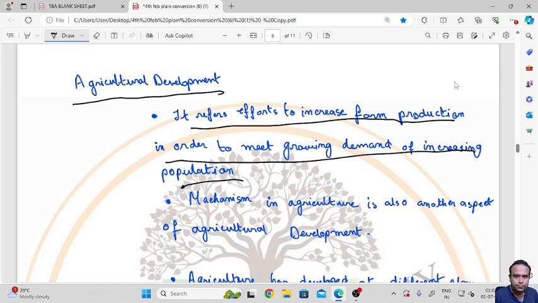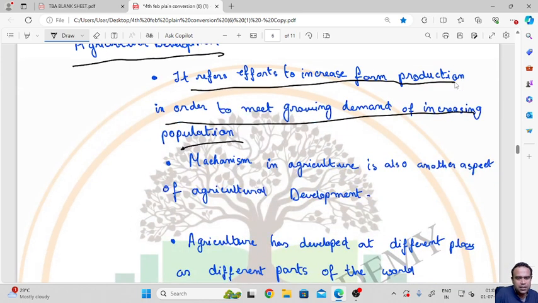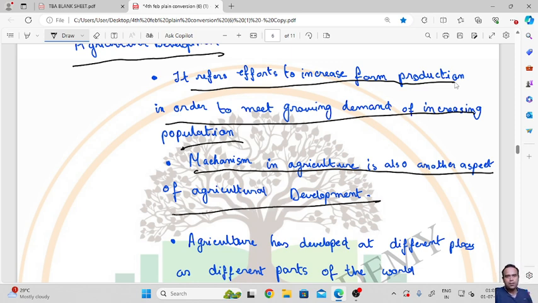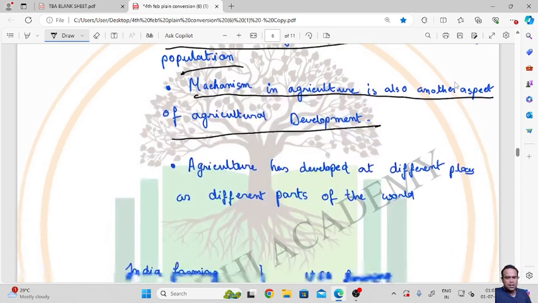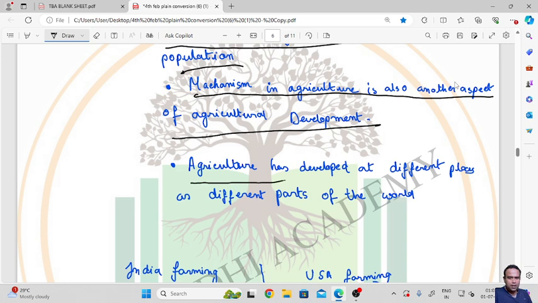Mechanization in agriculture is also another aspect of agricultural development. Agriculture has developed at different places in different parts of the world.